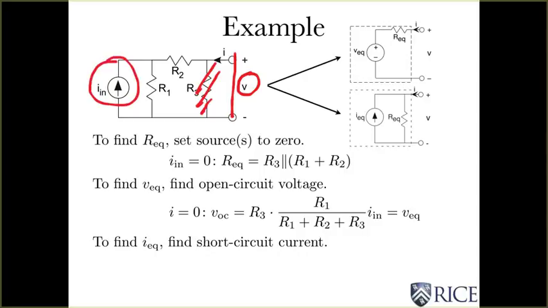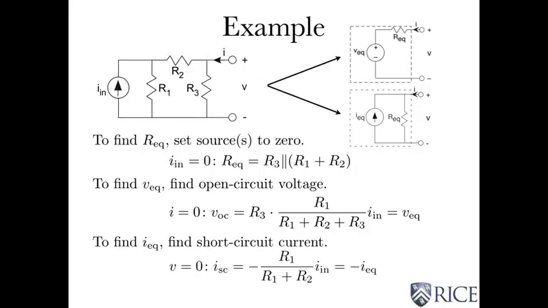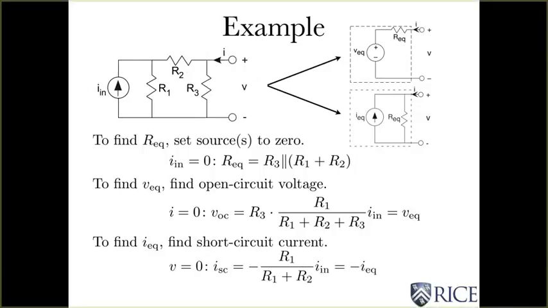Well, the current I is going to be the negative of that current. Current divider says that current is R1 divided by the sum of the resistances times IN. And I stick a minus sign in front because of the directionality of the current. And I get this for ISC, the short circuit current, which I know is the negative of IEQ.